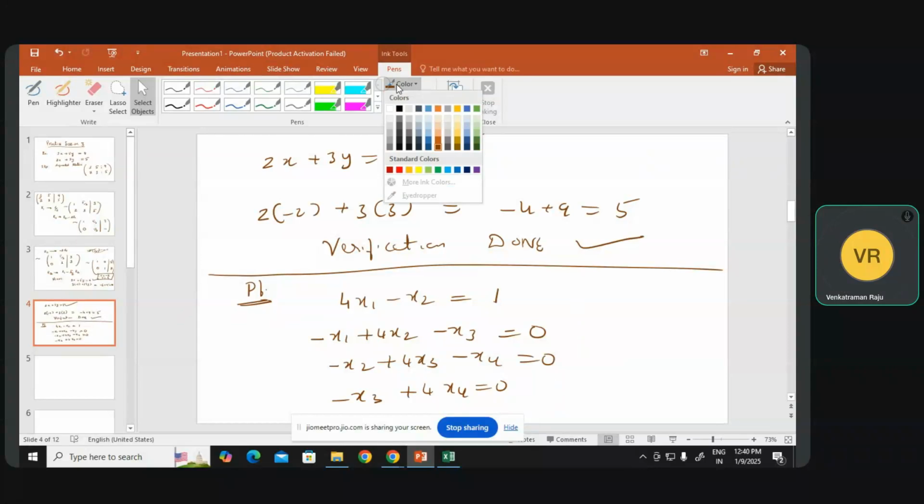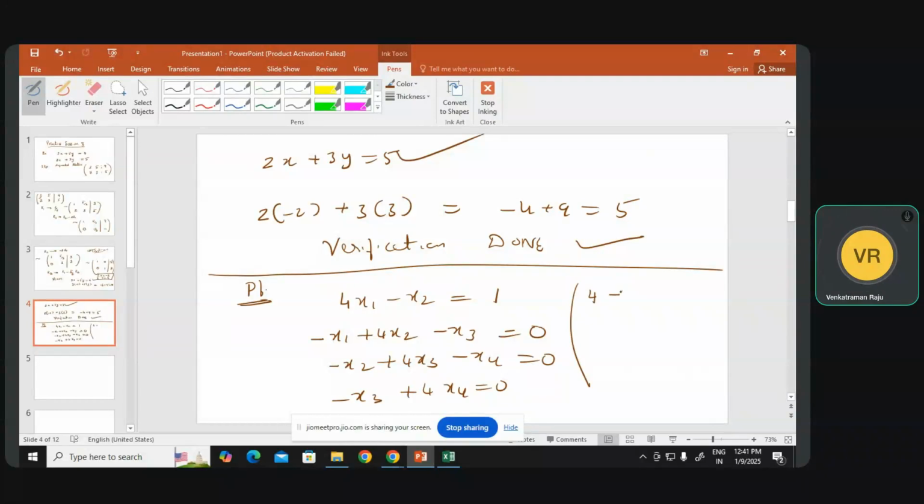The matrix corresponding to this will be like this. What is that? 4, that is for this x1, minus 1 for this x2, 0, 0, because you have to go till the fourth variable here. And as usual, I'll write a vertical line. That's what I'm more comfortable with. And the right hand side for the first equation is 1.